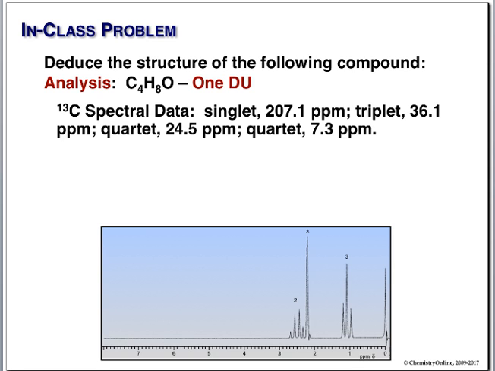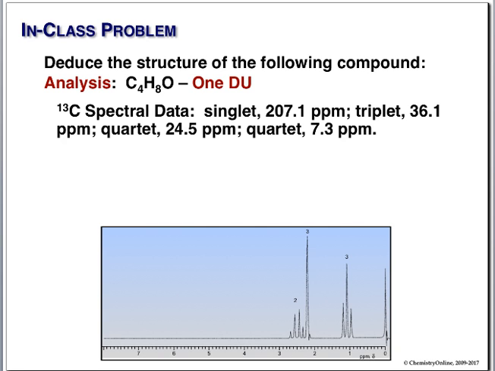What comes that high in the C13 NMR? That's a ketone, isn't it? We also have a triplet, that's a CH2, a quartet, that's a CH3, and a quartet, that's a CH3.